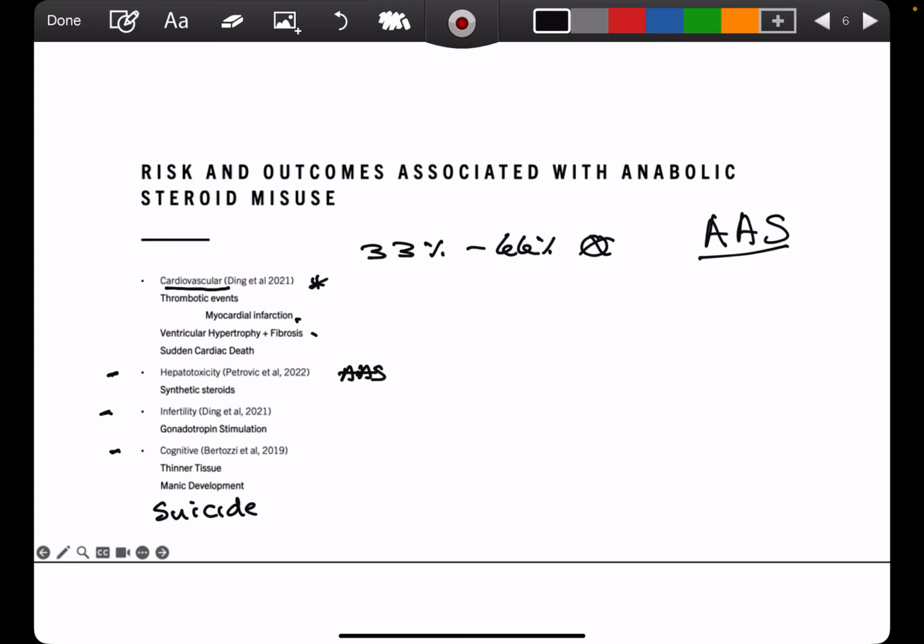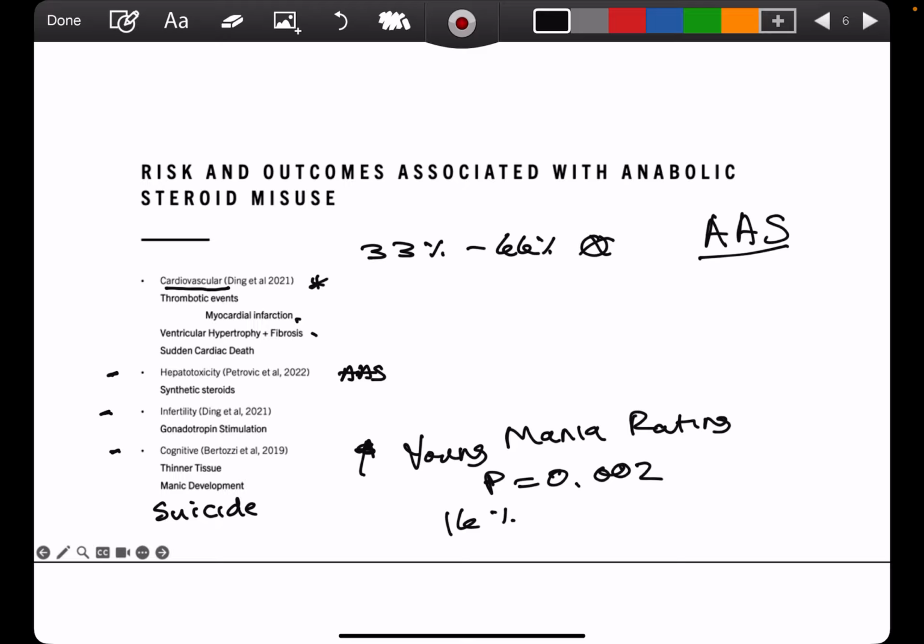Bertozzi et al. found that individuals who were AAS users compared to non-AAS users had thinner cerebral cortexes, brain stems, hippocampus, hypothalamus, and amygdalas. They also had higher scores on the Young Mania Rating Scale compared to non-AAS users, and that p-value was 0.002.